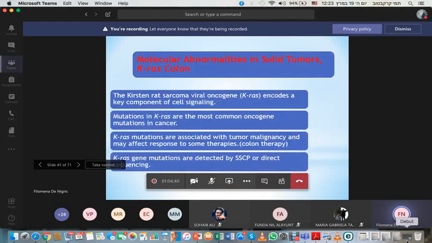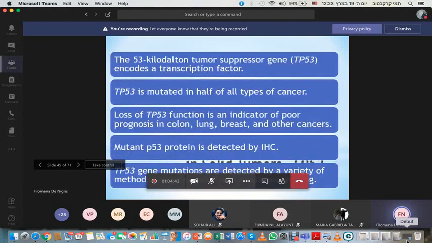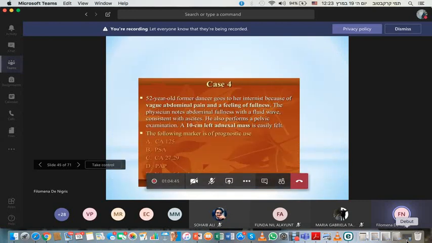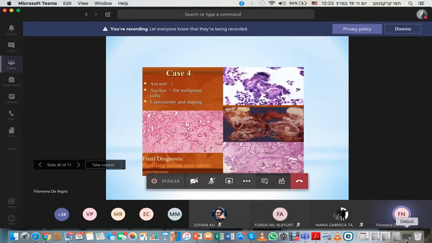Of course, CA125, because we suspect, for example, ovarian cancer or something like that. And then by histology, we need to verify if there is a benign condition or cancer. Only histology can give you the right information.